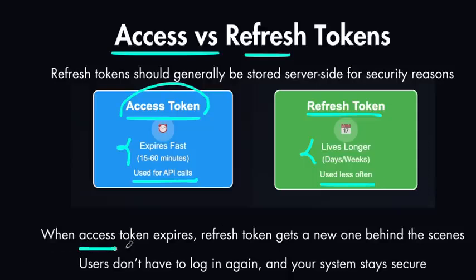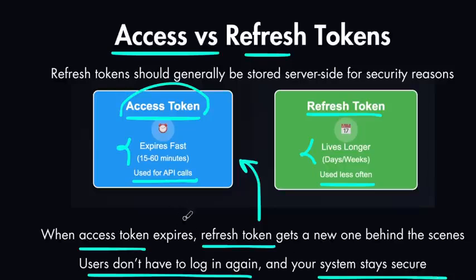So whenever the access token expires, this is where you will use the refresh token to get a new one, a new access token behind the scenes. So this way users won't be logged out, they will stay logged in, and also your system will stay secure because you are frequently renewing this access token. And one note here is that you should typically keep the refresh tokens in the server side for security reasons.